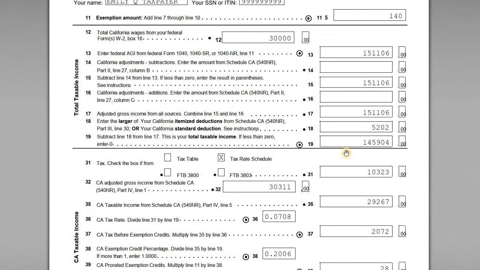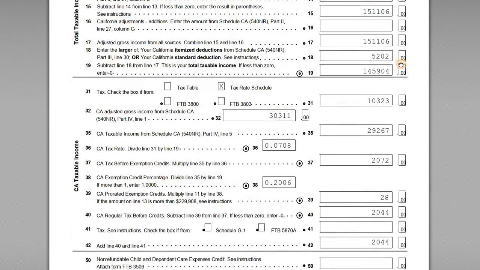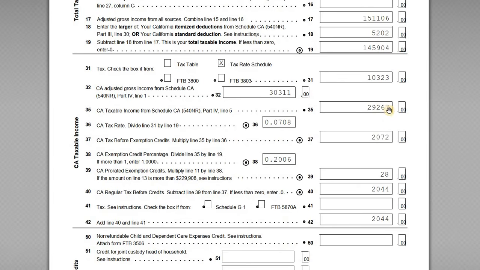This is both California and non-California source, is $145,904.